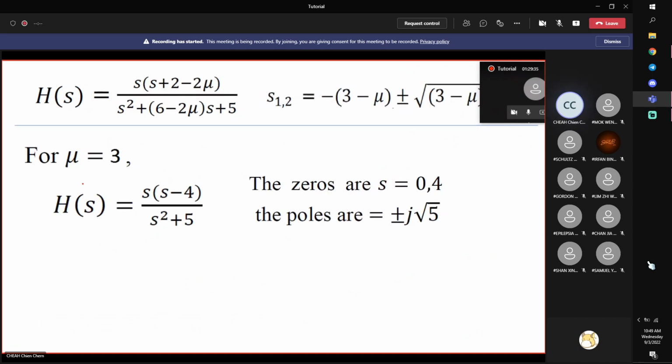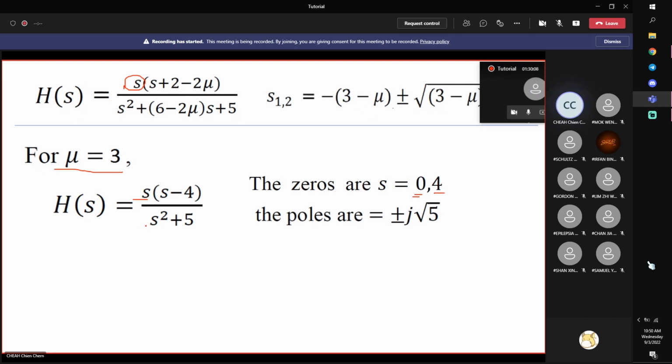So let's look at mu equal to 3 again. Okay, it's required by the question. If mu is equal to 3, then you just put mu equal to 3 here. You get 2 minus 6 is negative 4. So the zero is at 4, and there's one more here, right? Equal to 0. So zeros are the locations of s which make your transfer function equal to 0.